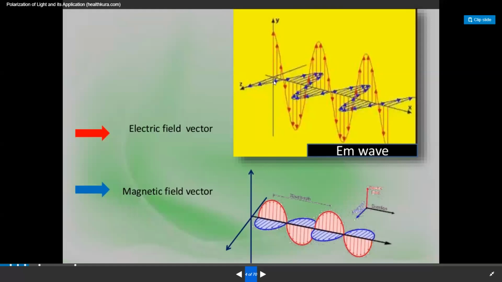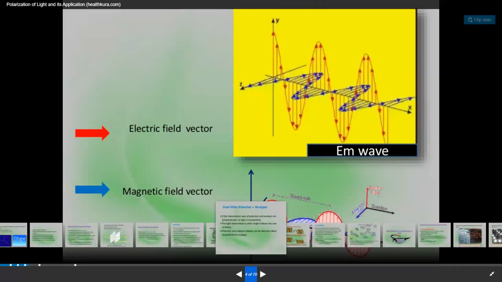So this figure clearly explains how a light wave travels. Simply, a light wave is a combination of electric and magnetic vectors, these two are perpendicular, and also perpendicular to the propagation of the wave. So that is an explanation of ordinary light.